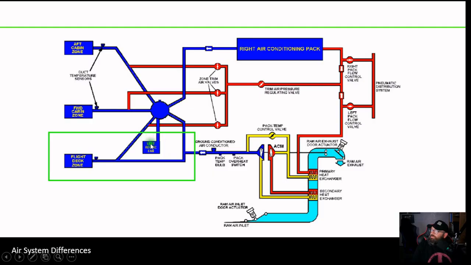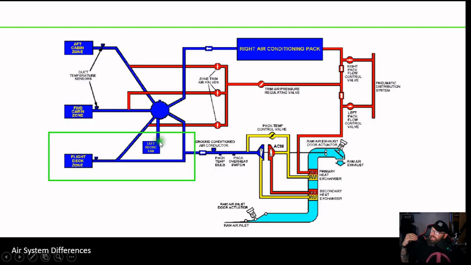Left recirc fan. Remember how I said this is more for the equipment cooling aspect of things, right? Well, it also adds air into your mixed manifold. Now, granted, you're not really gonna care too much because it doesn't really do a lot in this particular section. It is meant more for the equipment cooling portion. But it does add air into the mixed manifold, so it is something that it does do.